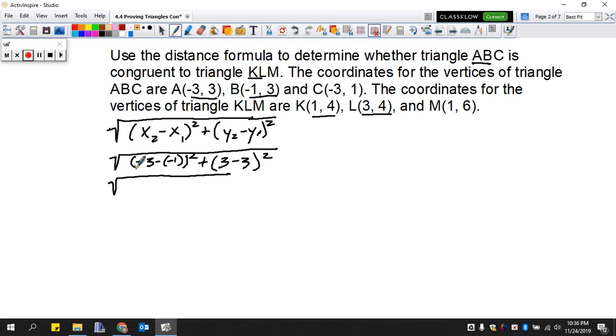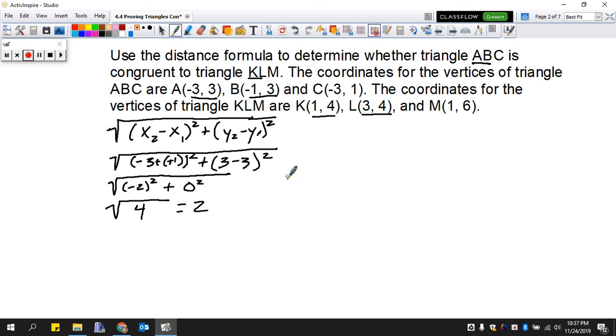Negative 3 minus negative 1 is negative 3 plus 1, which is negative 2, squared, plus 3 minus 3 is 0 squared. Negative 2 squared is 4, and the square root of 4 is 2.